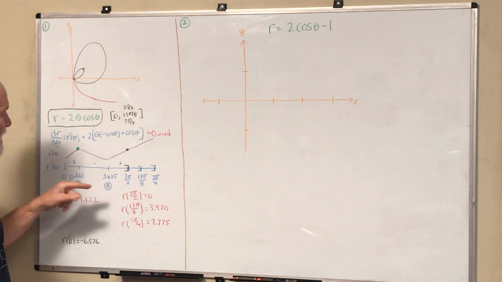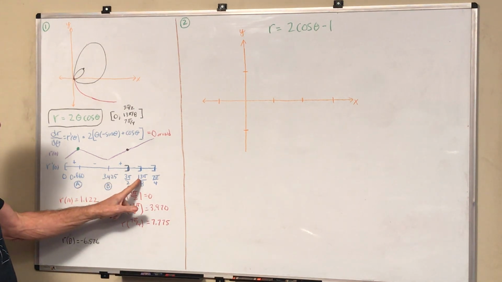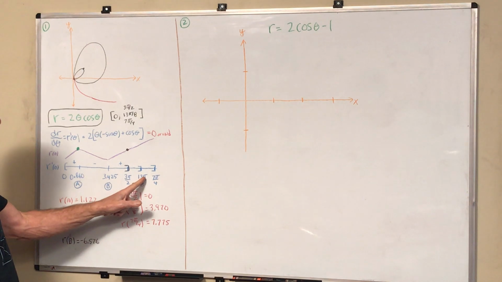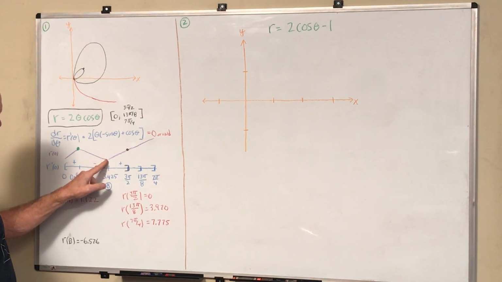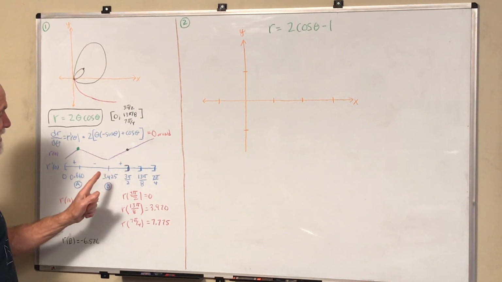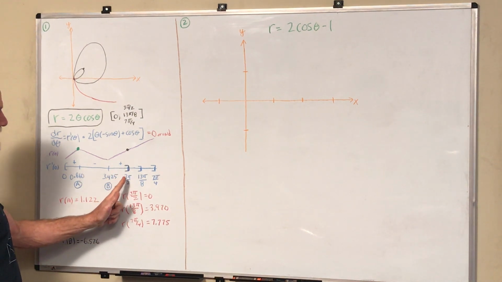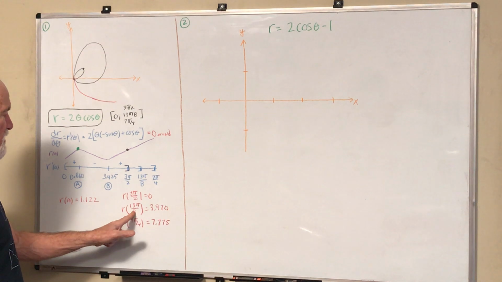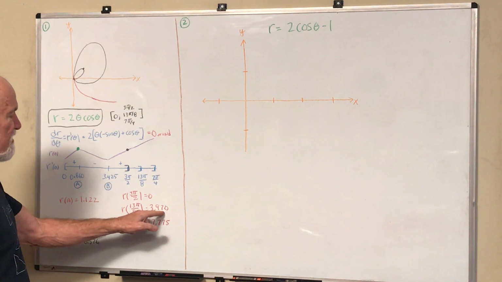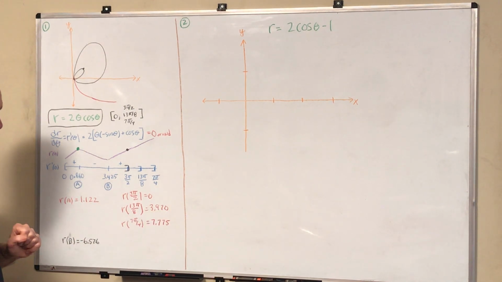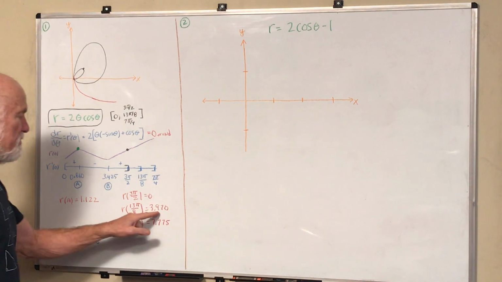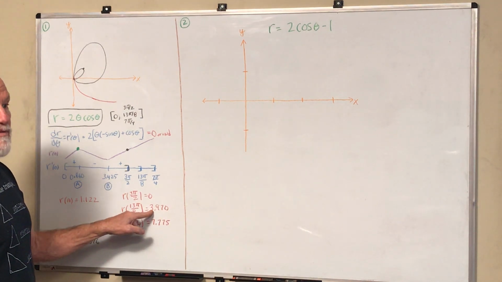What happened though, when I extended my domain to 13 pi over 8, since the derivative was still positive, the radius started getting bigger again. And when I plugged in 13 pi over 8, I got 3.970. So then that would be considered the farthest away from the pole.